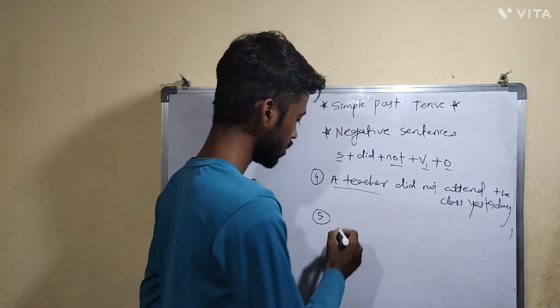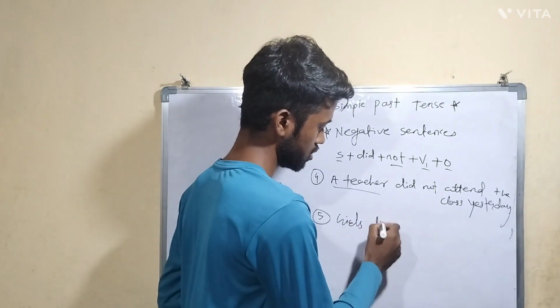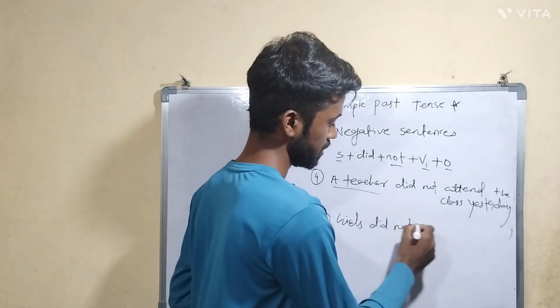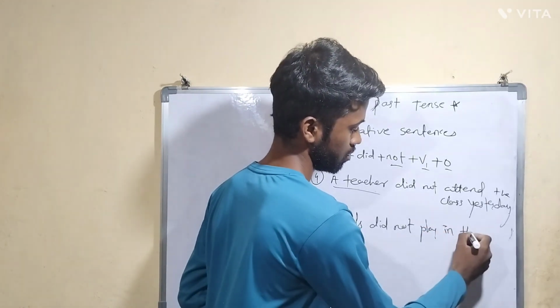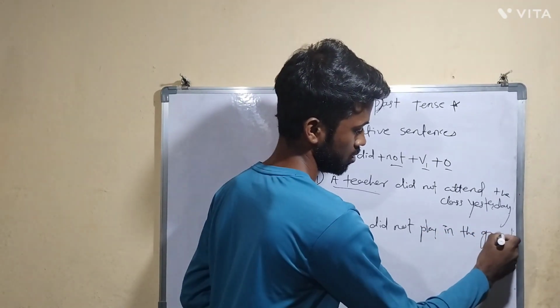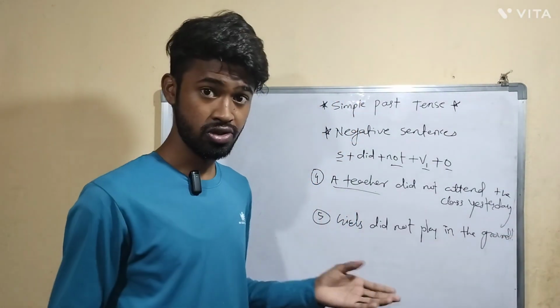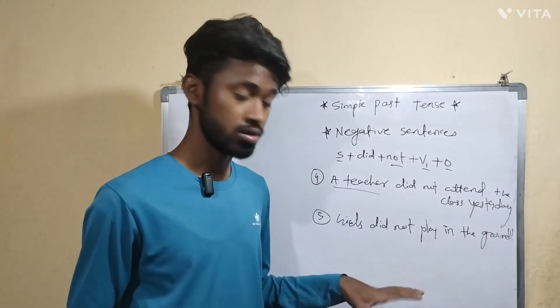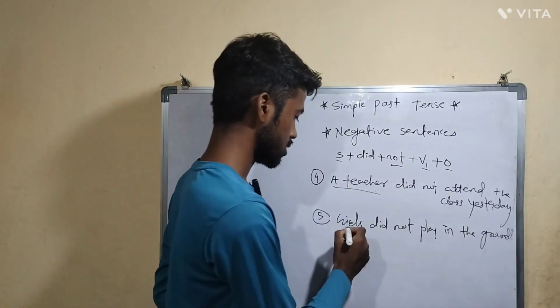Last, girls did not play in the ground. Only boys will play, right? This is one general thing you can observe in the schools. Girl did not play in the ground. So girls, not girl.